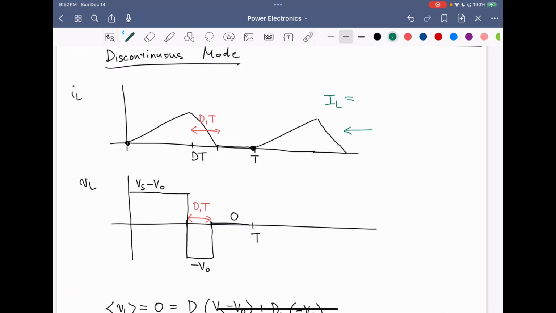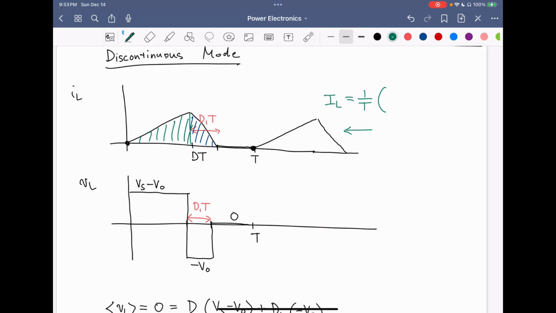If we find this area, we want to take the whole area under this triangle and then multiply that by 1 over T. So the area of this triangle is half times base times height.